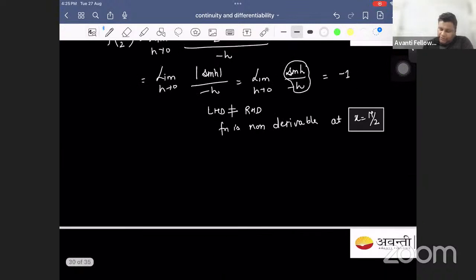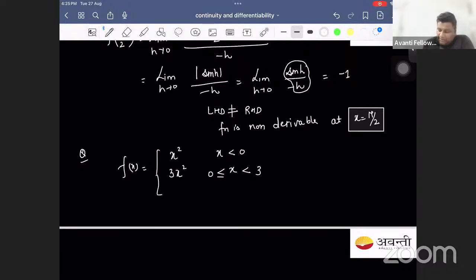Now let us assume we have a function f(x) equals x square if x is less than 0. It is 3x square if x is greater than or equal to 0 and less than 3. And it is x to the power 10 if x is greater than or equal to 3. Say we have this function.